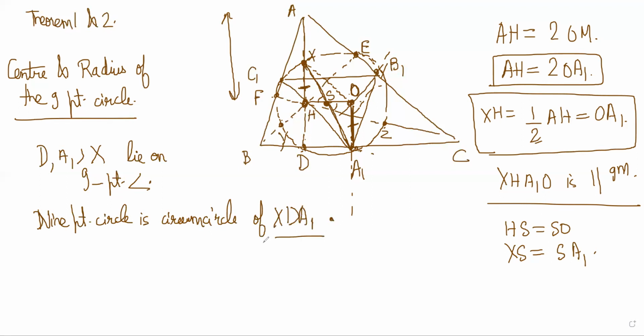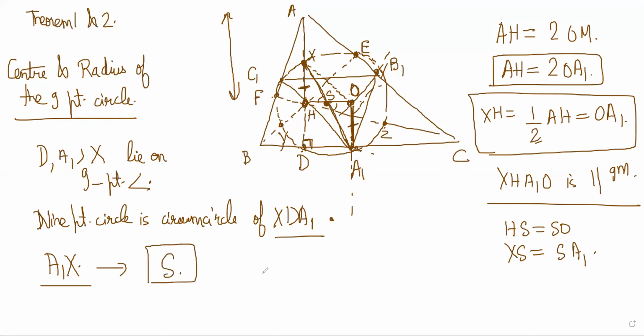So if it is the circumcircle, notice that this is a right angle triangle, so the midpoint of the hypotenuse is going to be the circumcenter. The hypotenuse is XA1, so the midpoint of that is S.